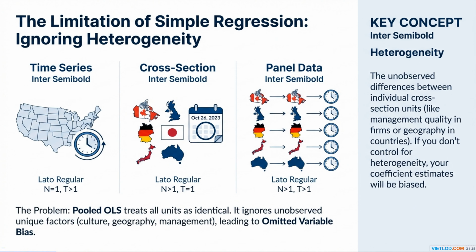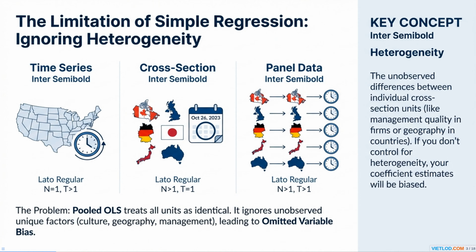Following our last discussion on the types of data, this slide highlights the core problem with simpler regression methods: ignoring heterogeneity. Heterogeneity refers to the unobserved, unique differences that exist between individual units, whether they are firms, countries, or people. Factors like management quality, cultural norms, or specific geographical advantages are often unmeasurable, yet they profoundly impact our variables of interest.